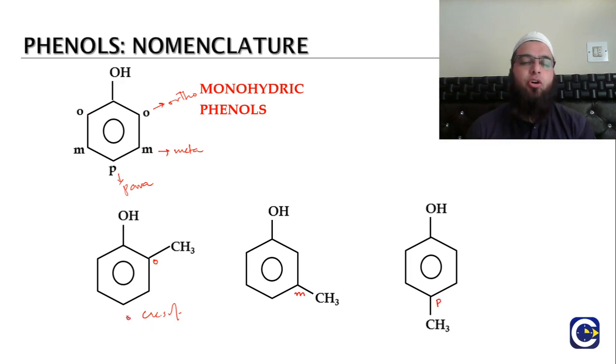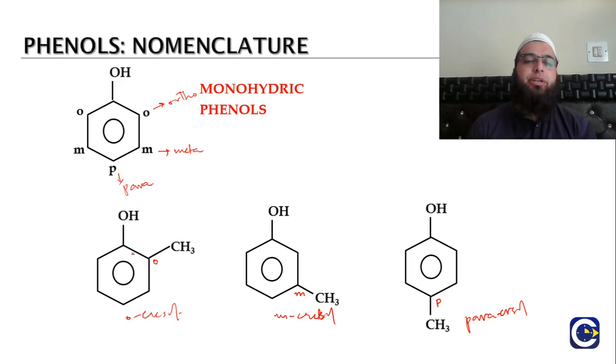So we call this ortho cresol, we call this meta cresol, and we call this para cresol, okay. This is the nomenclature, how we give the name according to the position of the methyl group in this particular example, okay. This is the general name of the compound, okay.